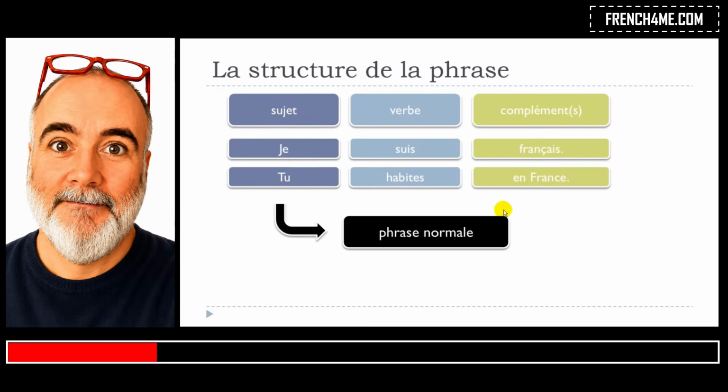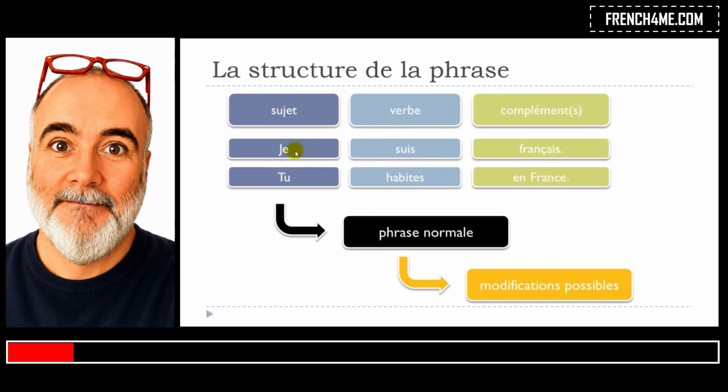Alright, so this is what we call a normal sentence, une phrase normale. Okay, but then of course, as usual in French, and this is something that you will discover with all these videos that I will make, we've got some exceptions possible, and then the modification, you can modify the sentences in some cases.